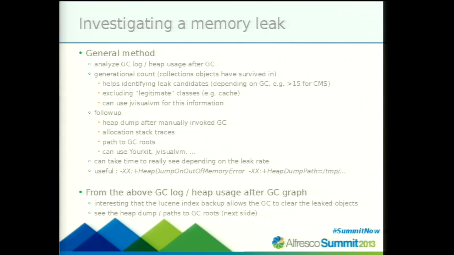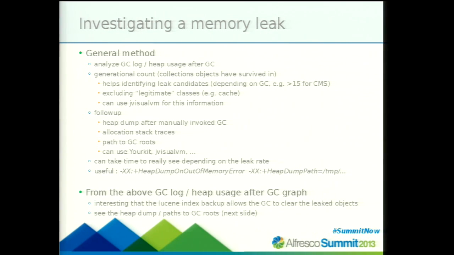Then you can find in the code exactly where that object was allocated and for what reason, and you can determine if it's normal or not. For that, I usually use YourKit. Something useful that you can turn on is an option telling the JVM to automatically dump a heap dump on an out of memory error. That can be useful, so you don't have to trigger it manually. You can specify a path.